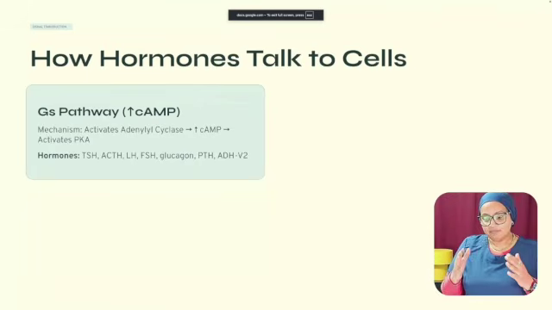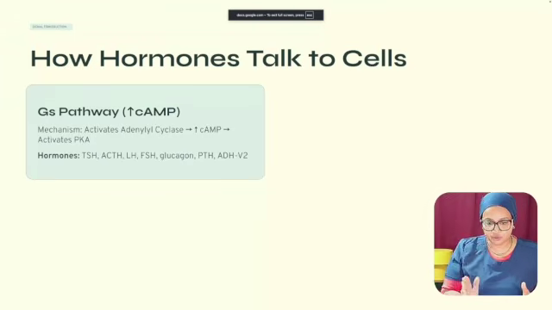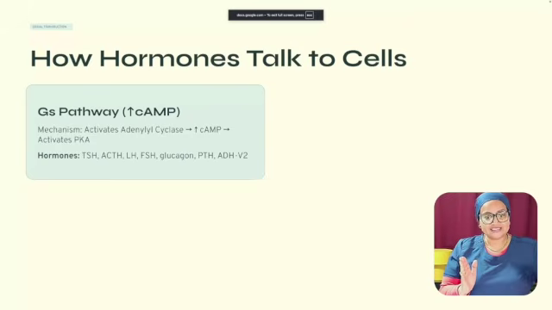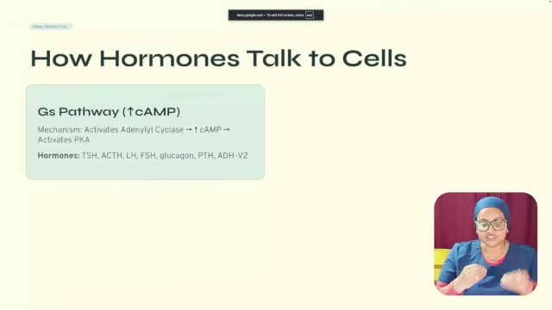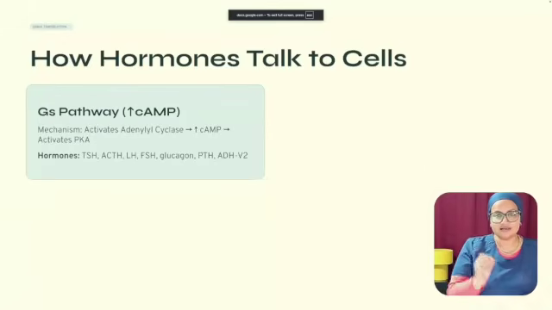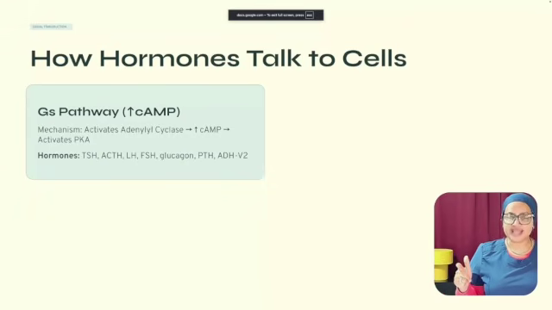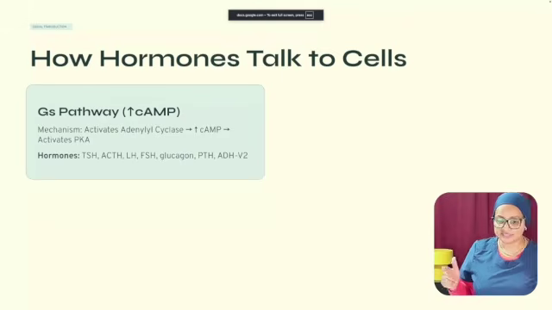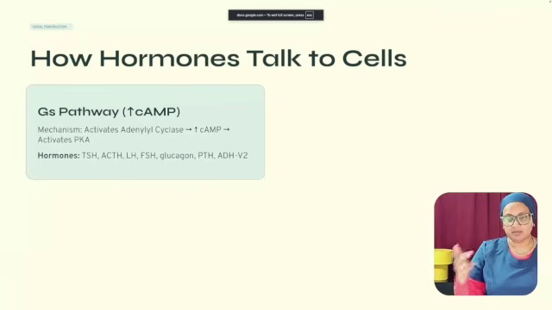Signal transduction basically means a chemical attaches itself to a membrane receptor, and there is a cascade of reactions that follows this process, and it eventually results in some biochemical change within the cell, and this is called signal transduction. The signal is started by the hormone attaching itself to the cell membrane and ends by some form of biochemical reaction happening inside, and producing a new product or something like that.